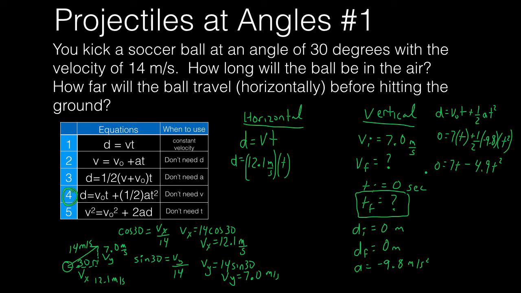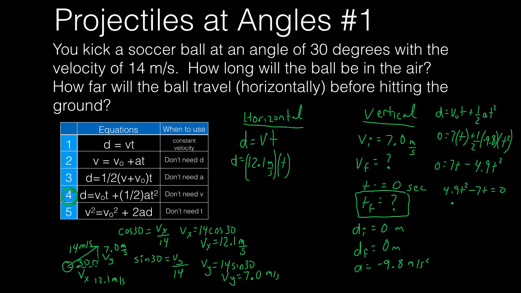So I'm going to move that over to the other side, and also move the 7t over. Adding 4.9 t squared to each side, I get 4.9 t squared minus 7t is equal to 0. All I did was move both of these terms to the other side.